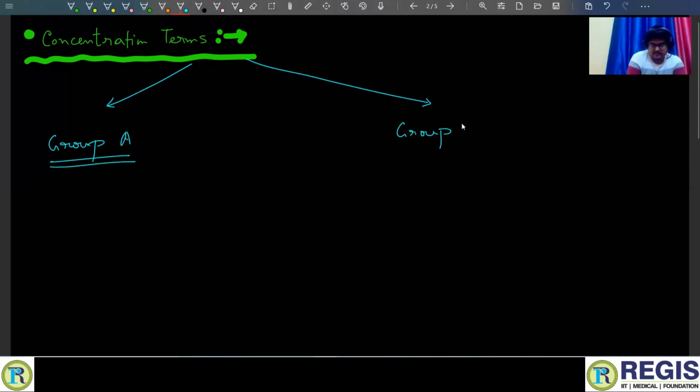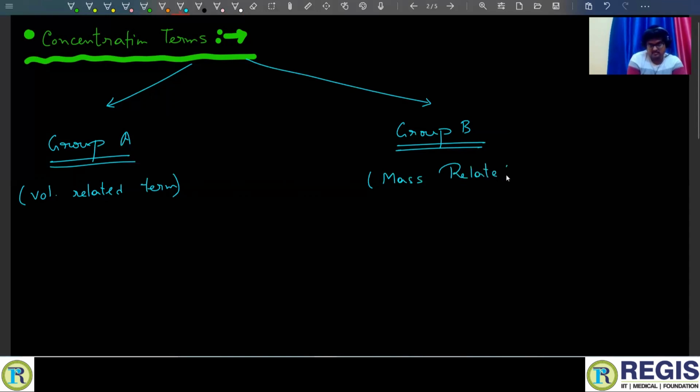Now, concentration terms can be classified into two parts: group A and group B categories. For the group A category, these are basically volume related terms. And the group B category is mass related terms. Now, mass related terms are basically temperature independent.